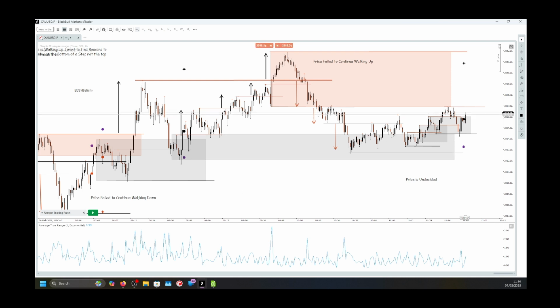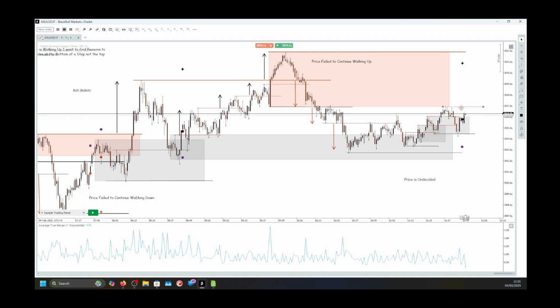This is a 50 pip take profit, a 25 pip stop, and the target you see is within the swing high here. And it's all dependent now on making new highs, because for the price to continue going up, it's got to break through this high.